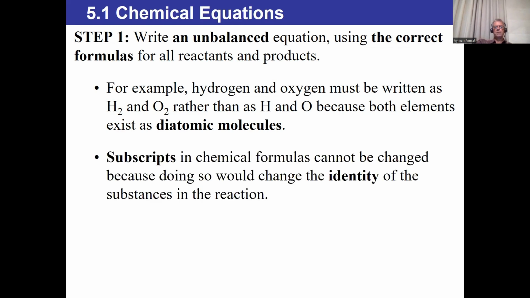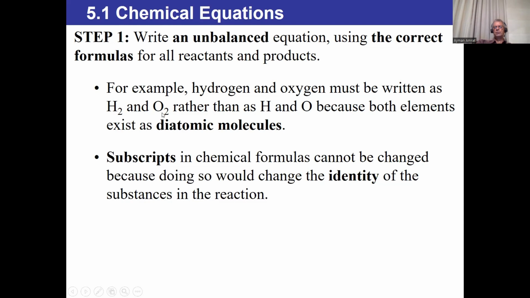Subscripts in chemical formulas cannot be changed during the balancing process, subscripts like the 2 in O2 or the 2 in H2. These numbers are subscripts and cannot be changed, because changing these numbers means changing the identity of the substance.